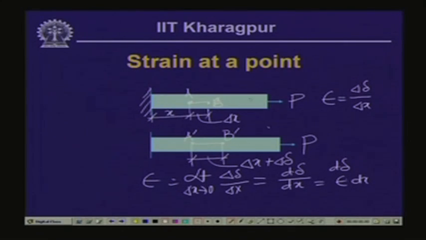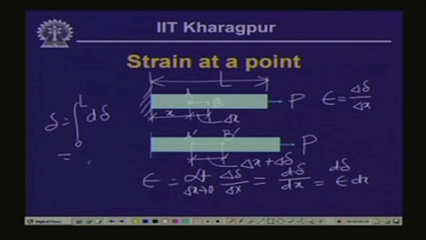So, over the length L, if this is the length of the member, then over the entire length the deformation delta, which is integral 0 to L d delta, is equal to integral 0 to L epsilon dx, and this is the deformation if the strain varies along the length of the bar.